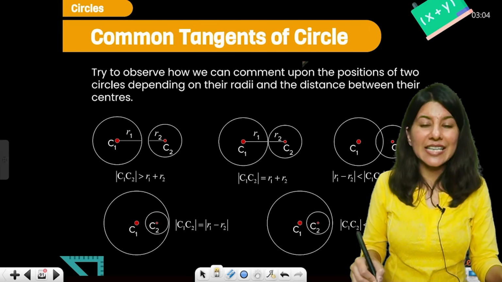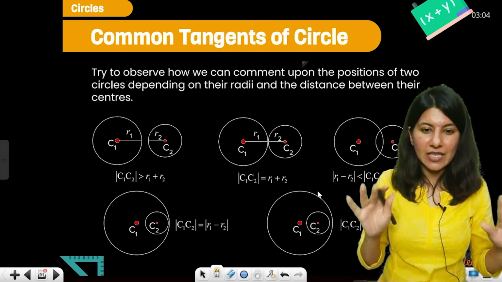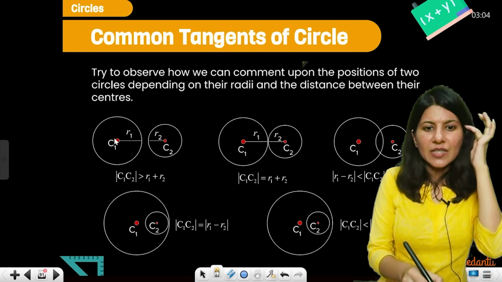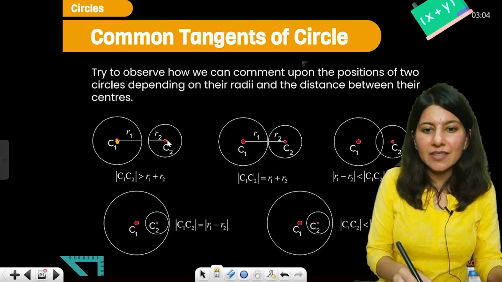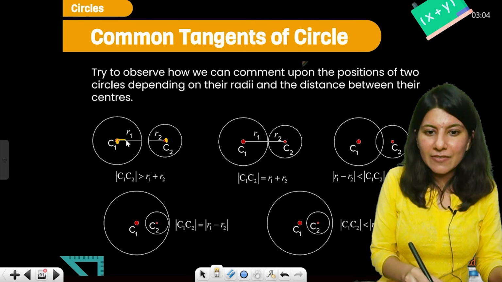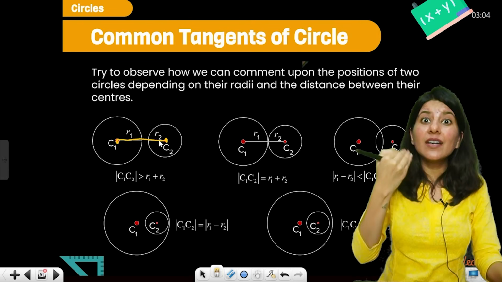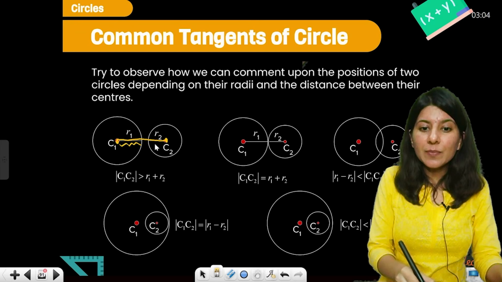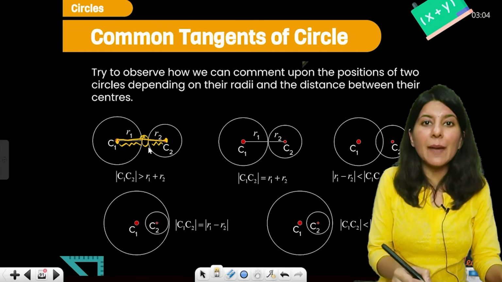Very simple. Suppose both the circles are neither touching nor cutting. They are very apart. So now the distance between their centers, C1 C2, will be greater than R1 plus R2. There will be some gap also.